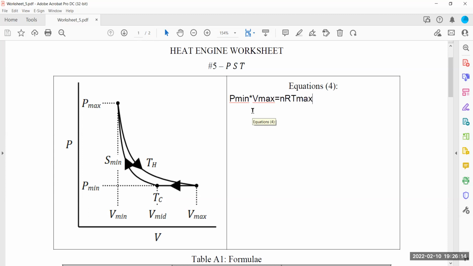I don't know what that temperature is. That's equation 1. Equation 2, at point mid, we know the pressure there is Pmin times Vmid equals nR Tc.